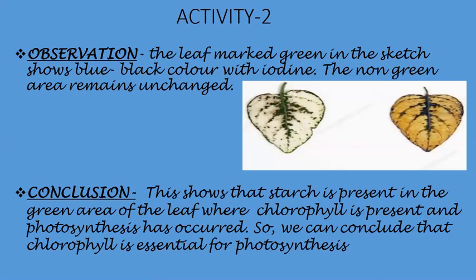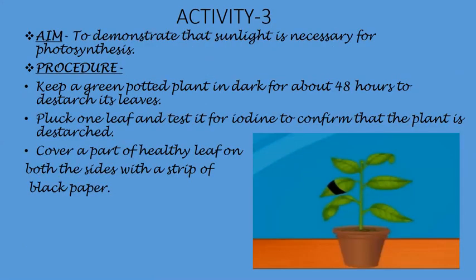The leaf area marked green in the sketch shows blue-black color with iodine. The non-green area remains unchanged. So, the conclusion is that starch is present in the green area of the leaf where chlorophyll is present and photosynthesis has occurred. So, we can conclude that chlorophyll is essential for photosynthesis.